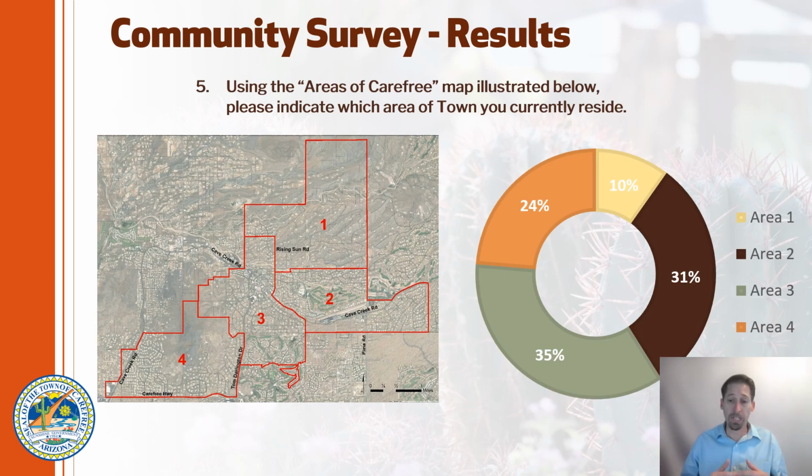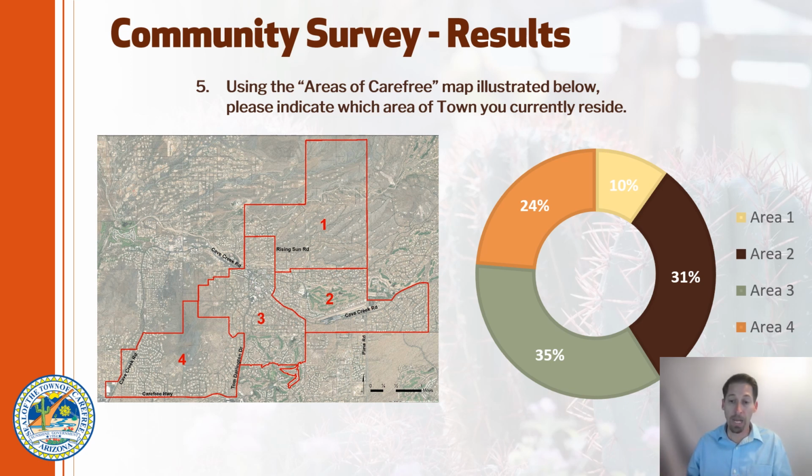Now, in addition to some of those other conditions, we also wanted to geographically look at where we are hearing from residents. So we broke up the town into 4 different areas. And you can see, based on the results, that we had good distribution within those areas, particularly when we keep in mind the density or number, if you will, of residents in those particular areas.